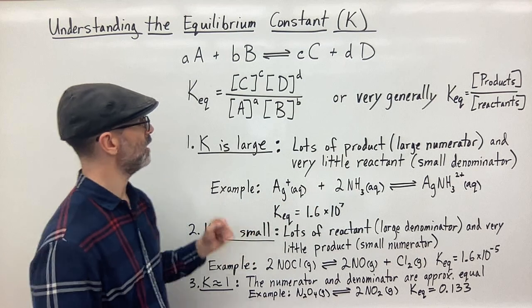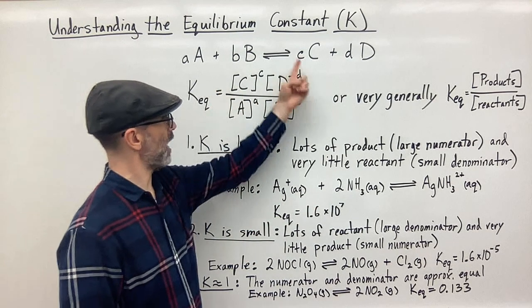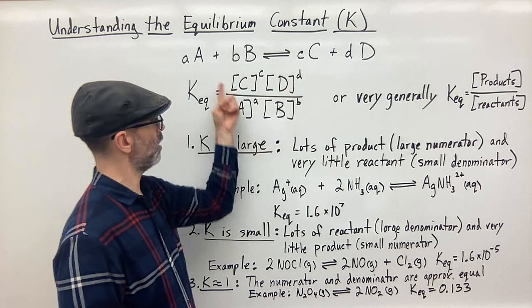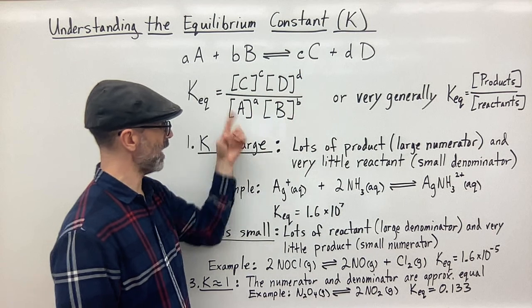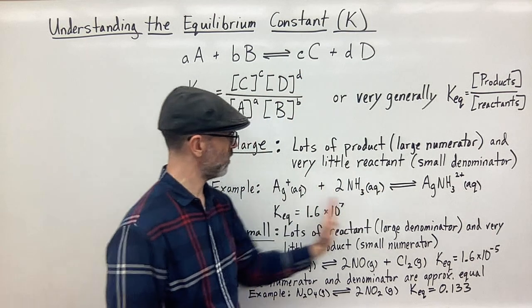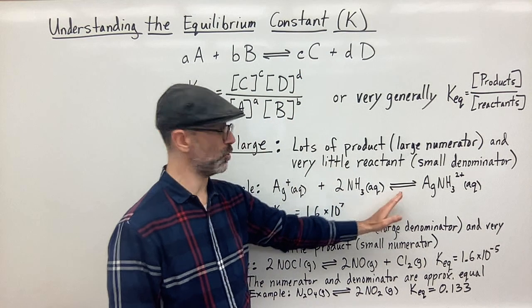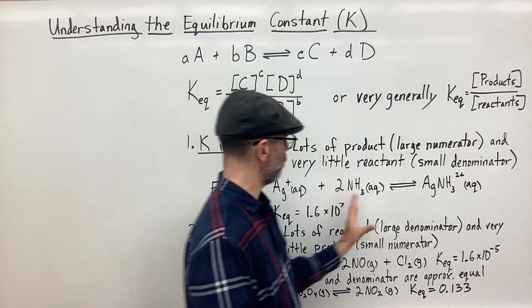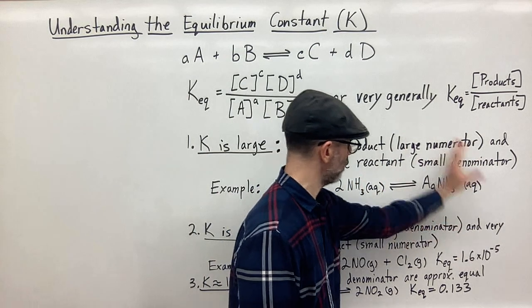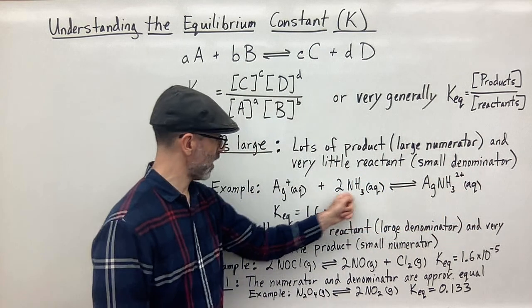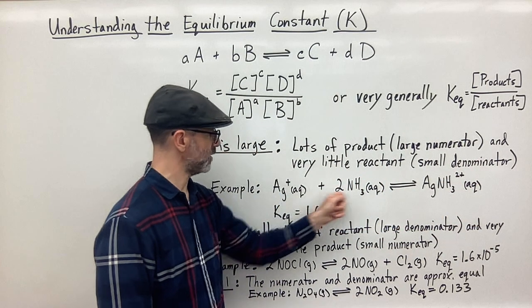What does that mean? It means that you have a lot of product compared to reactant. So basically, when this reaction is at equilibrium, you're going to end up with a whole lot of product on this side and very little of reactant on this side.